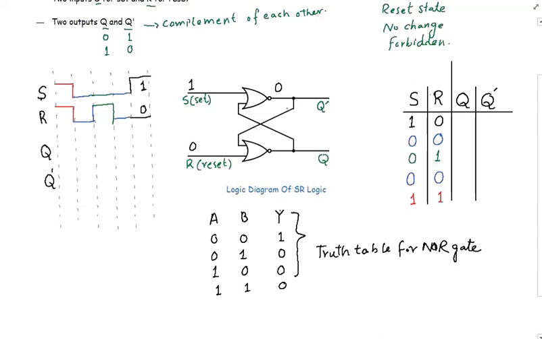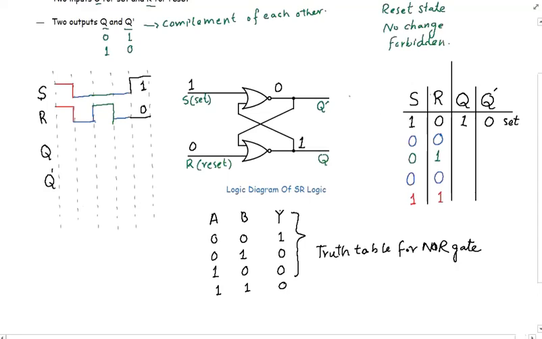Then this 0 is coming to this gate, so for 2 zeros the output is 1 for Q. So it can be drawn as Q is equal to 1 and Q dash is equal to 0. So this state is called the set state of the SR latch.